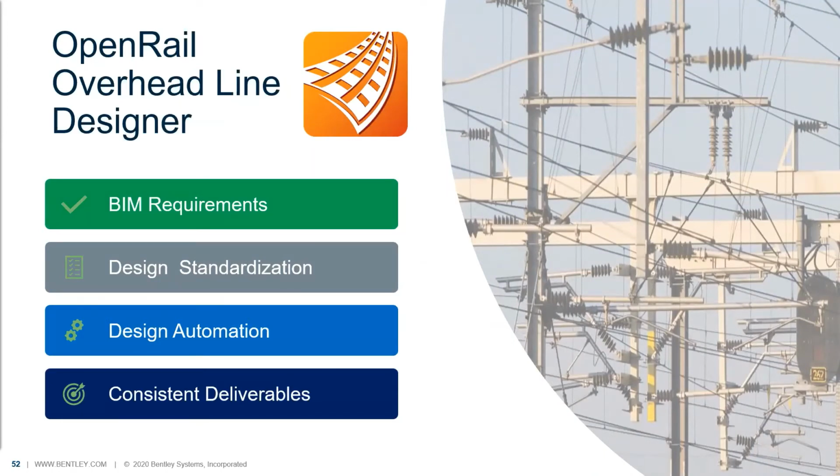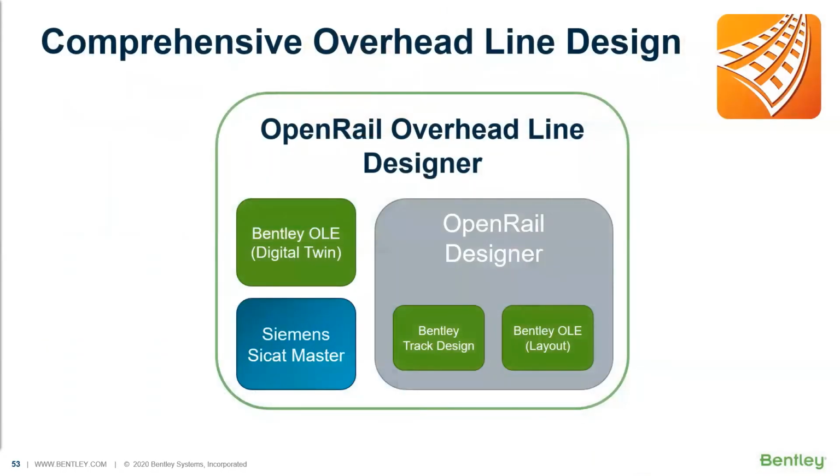Bentley created this in order to fulfill the BIM requirement, standardize all the design, automate the design, as well as give consistent deliverables. This product is the highest hierarchy in our civil offering. It has all the capability of OpenRail Designer, which you saw earlier.